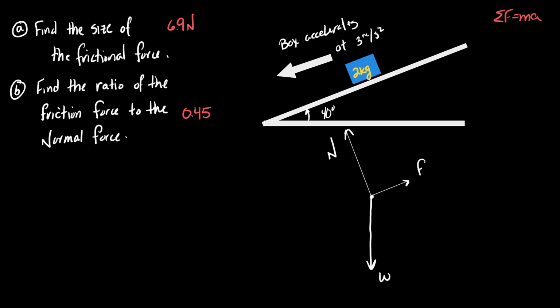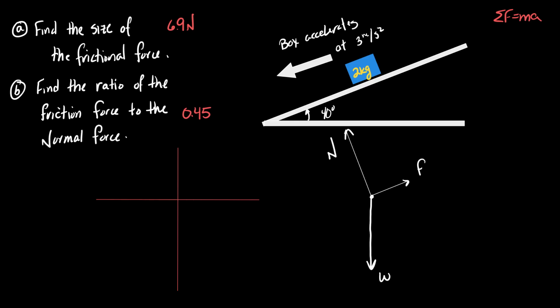So now I need to apply a coordinate system, something I can use to break my forces up into the x direction and the y direction. So when I choose my coordinate system, I told you guys that there are two priorities you should use. The first priority I said is make sure it's directed in the direction of the acceleration. And since this system is accelerating, you got to use that.